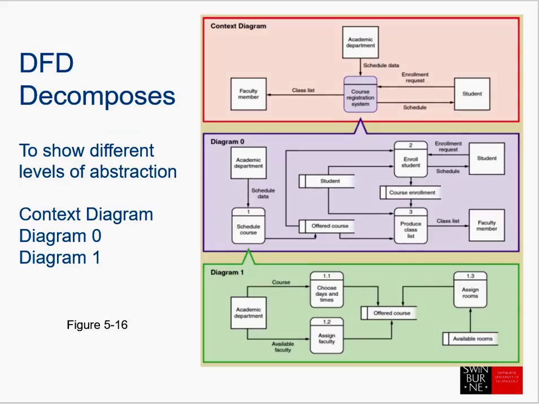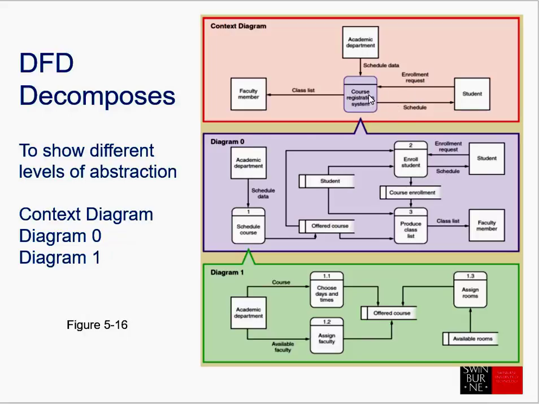Right, so this particular diagram shows you how to decompose the data flow diagram models. So first we create the context diagram, which is the bird's eye view of the system. In our previous example, this is the course registration system.